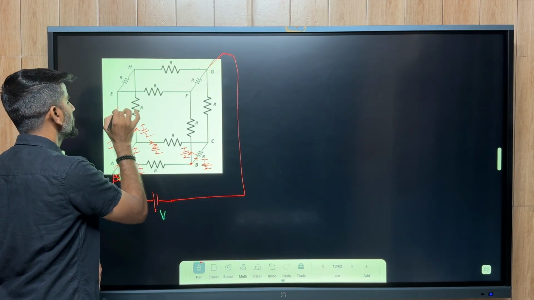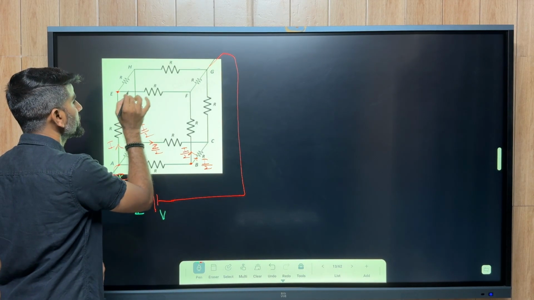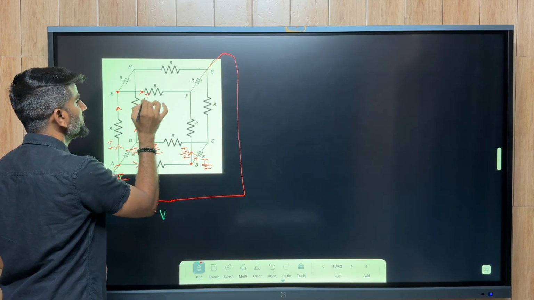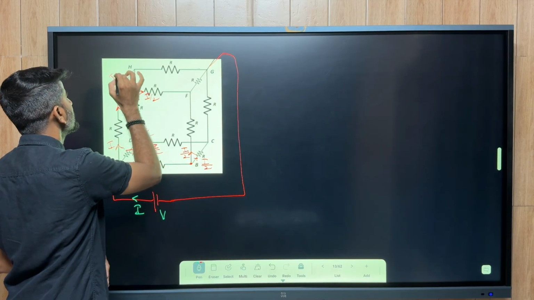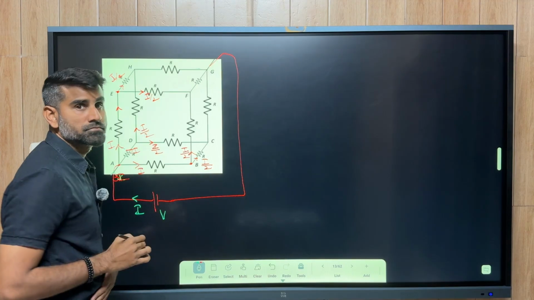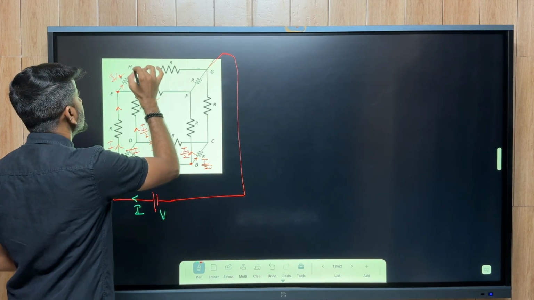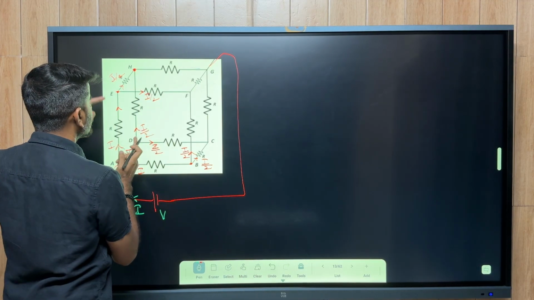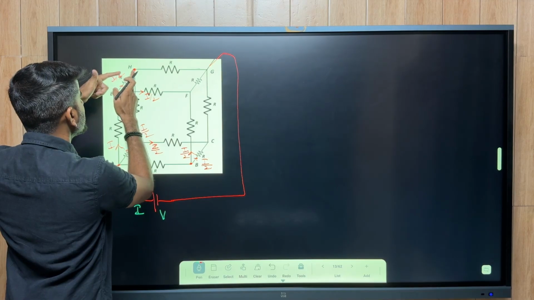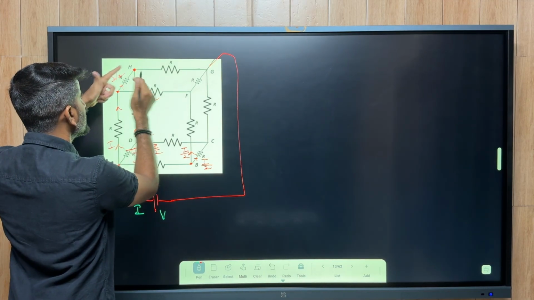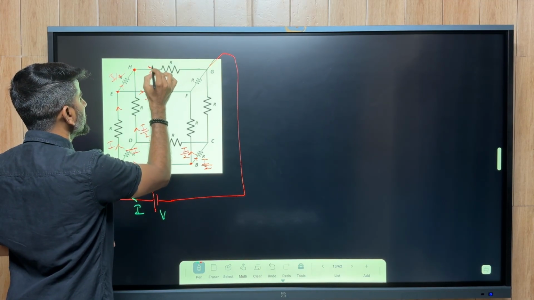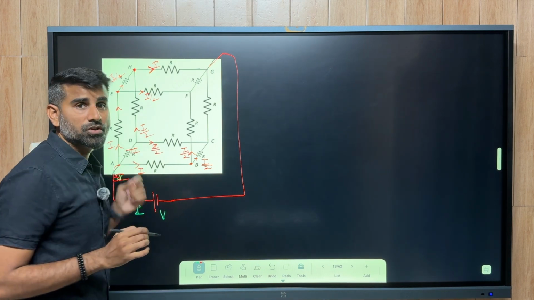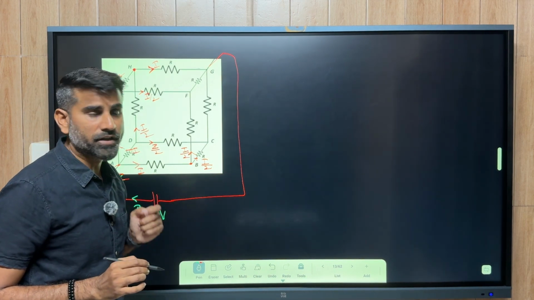This current is flowing right here, and right here it is divided into two parts. One is I by 2, the other one is I by 2 again. Now again at this branch, this current is coming towards the junction, this current is also coming towards the junction. They both add together, and here it gives total current I.